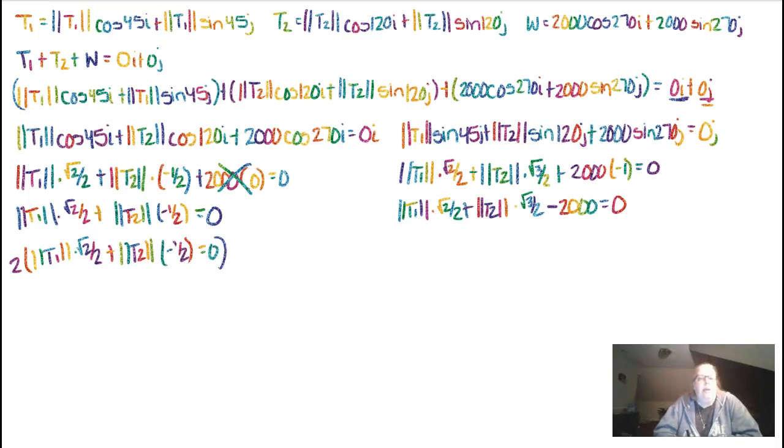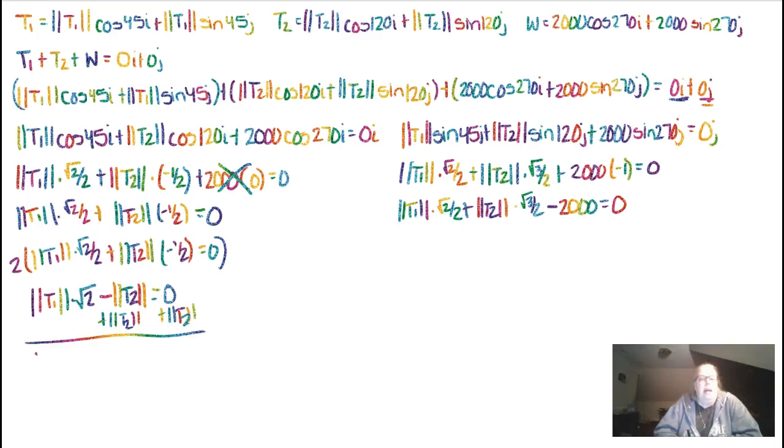This is going to leave me with the magnitude of T1 times the square root of 2 minus the magnitude of T2, because that -1 times T2 is going to give me a negative T2 there. This is now equal to 0 because 2 times 0 is 0. And now I can solve this equation for the magnitude of T2 just by adding it to both sides.